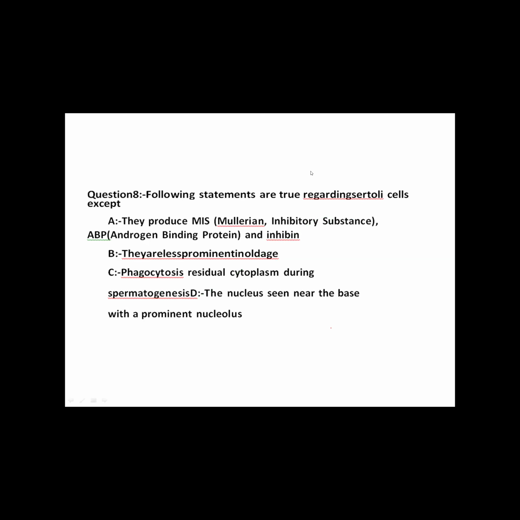It nourishes and supports the developing sperm. It forms a protective barrier, helps sperm maturation, and secretes some hormones also. Now, Mullerian inhibitory substance is also produced by Sertoli cells, right? It prevents development of female reproductive organs, the Mullerian duct, right?